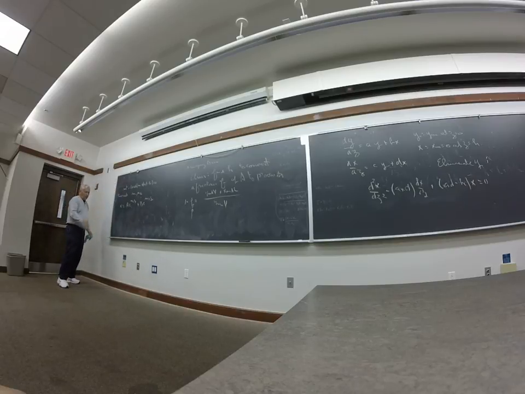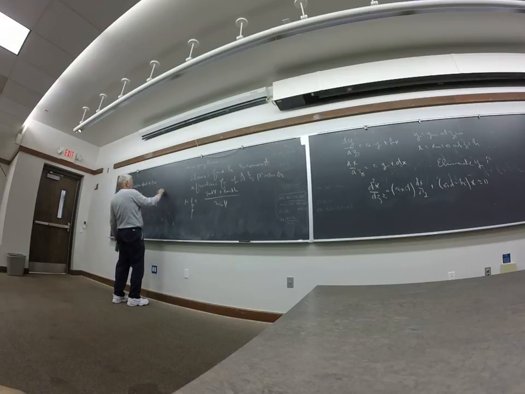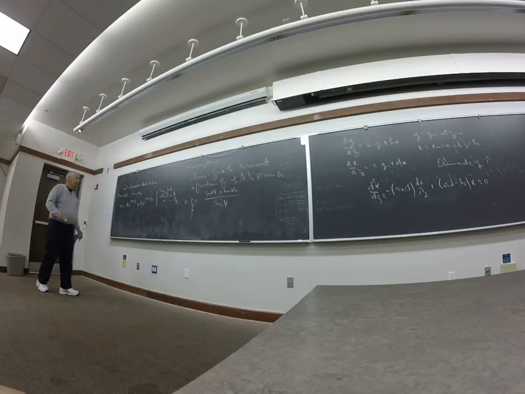My job, of course, is to find A and B at this point. In order to find A and B, I noticed that my boundary conditions involve x and y.